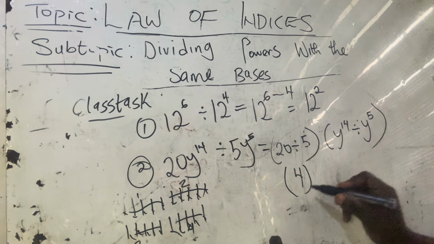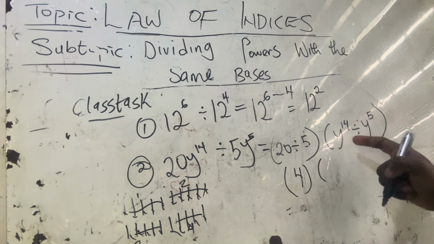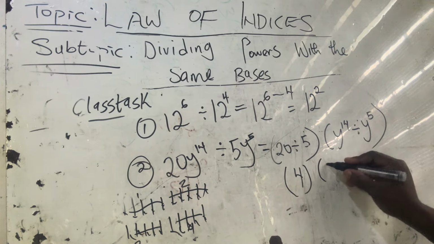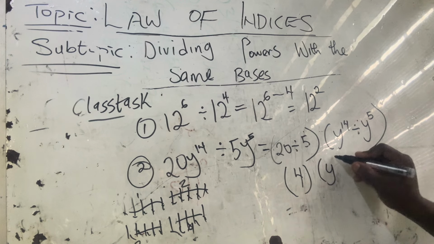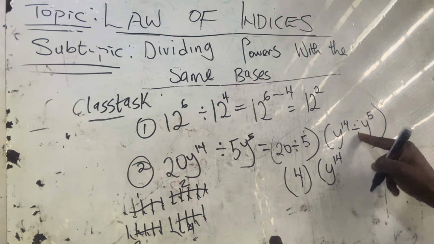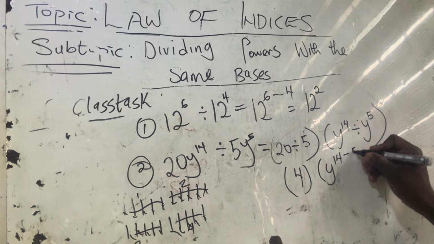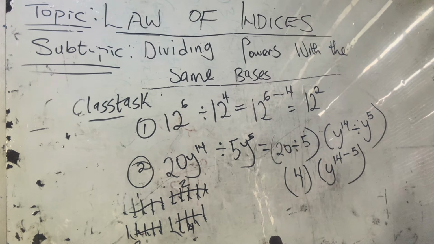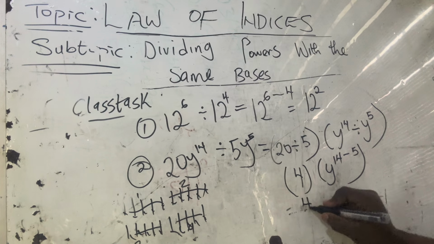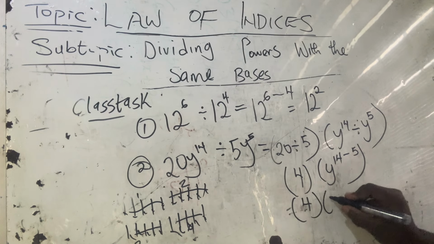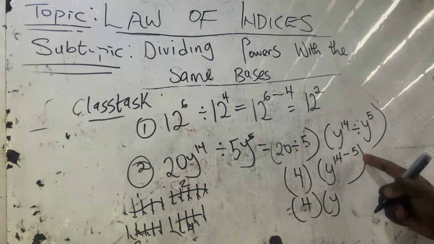Don't forget to put it into brackets. The base here is what? Y. Raised to power what? 14. The division sign will change to what? Minus 5. So that gives us 4 into brackets, y raised to power, what is 14 take away 5?